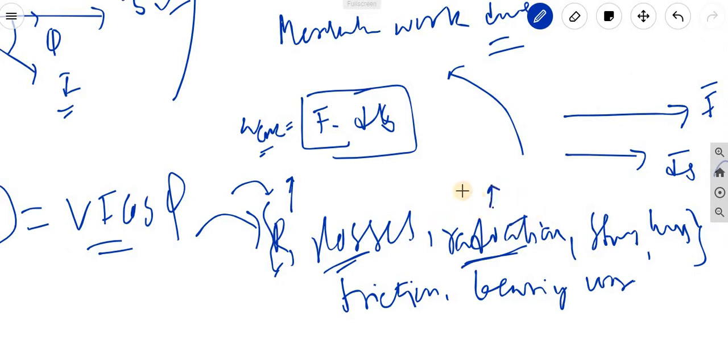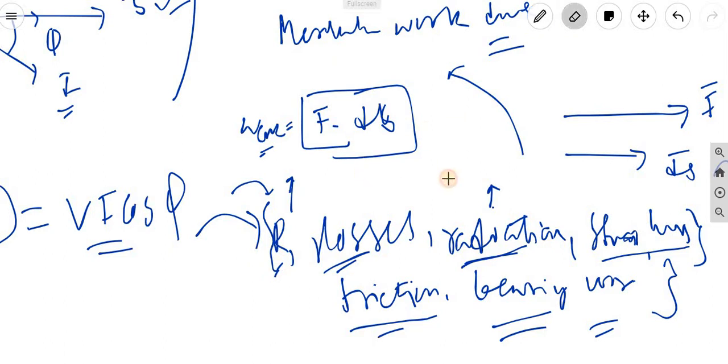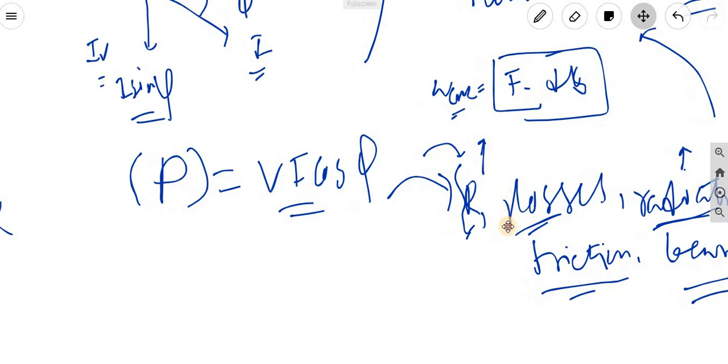Some other losses like stray loss are there. For mechanical rotating bodies, friction losses and bearing losses will be there. These losses are consumable, and that is part of the active power loss.